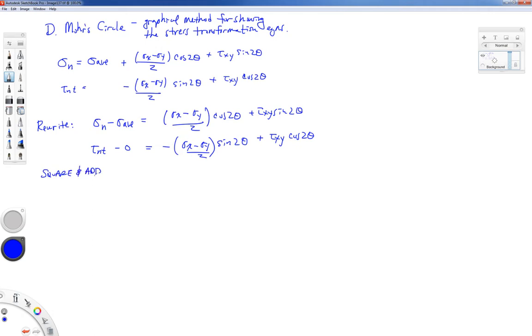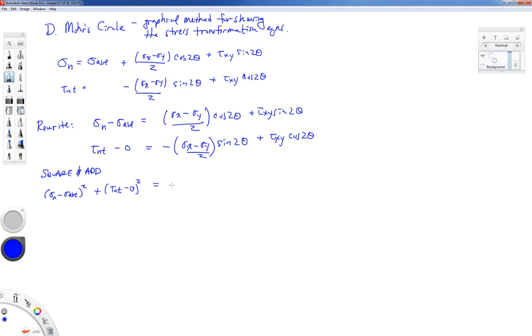I'm going to go ahead and do this here on the paper. So I have sigma n minus sigma average, quantity squared, on the left-hand side. And even though it's minus 0, there's a reason why I want to leave that in there for now. I'm going to put tau nt minus 0, quantity squared.